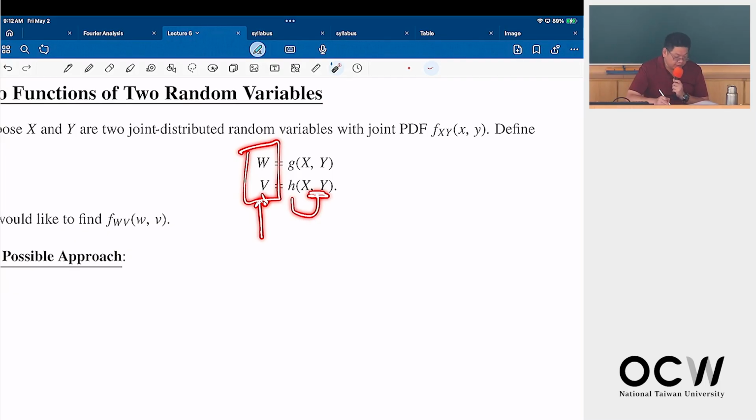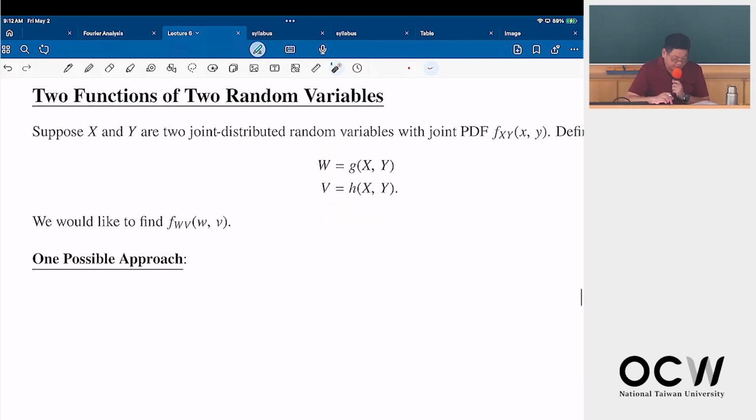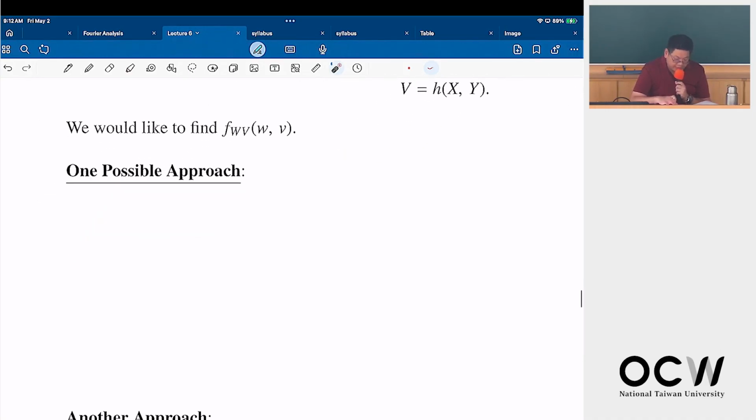So how do I find this joint PDF? One way we know, every time to get the PDF, either joint PDF or PDF, is to find the CDF first and then take the derivative of the CDF to get the PDF. So here we can also find the CDF first.